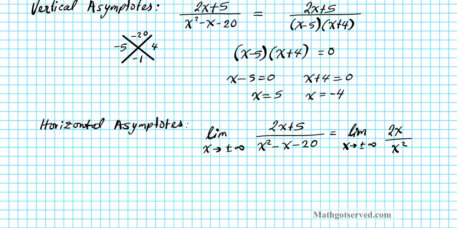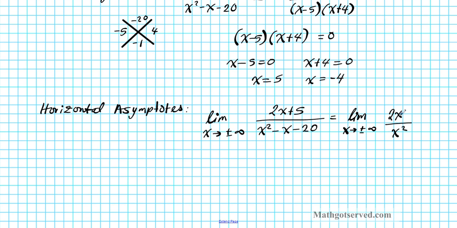At infinity or negative infinity, these are the ones that grow the fastest. If we reduce that, we're going to have the limit as x approaches plus or minus infinity of 2 over x. All right, and then when you plug in plus or minus infinity, 2 over plus or minus infinity is simply 0. Okay, so there goes our horizontal asymptote.